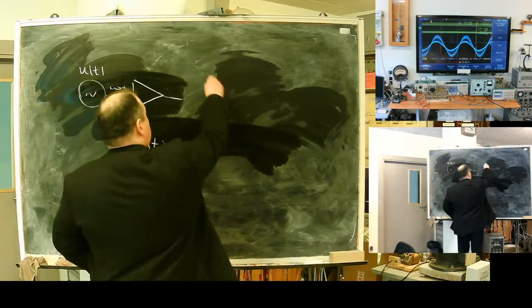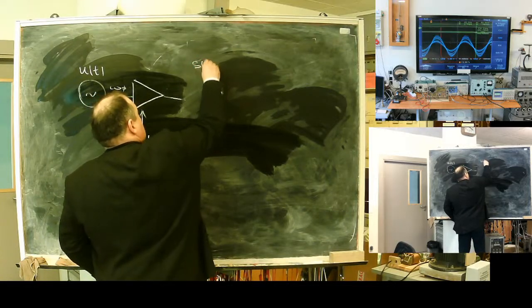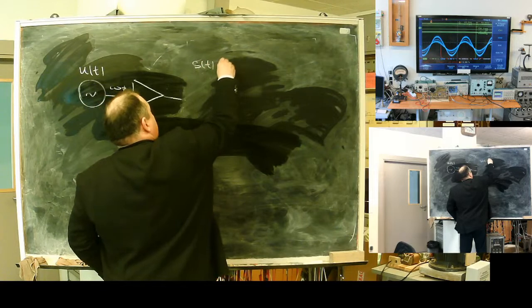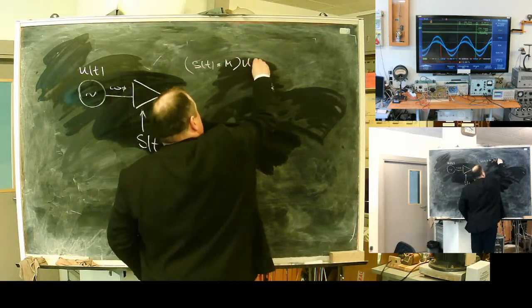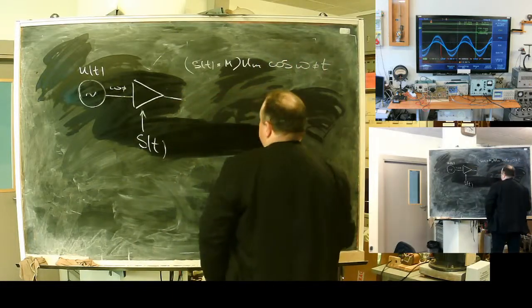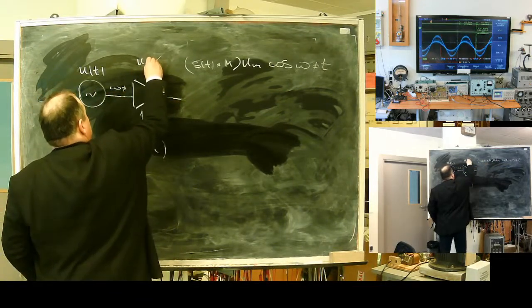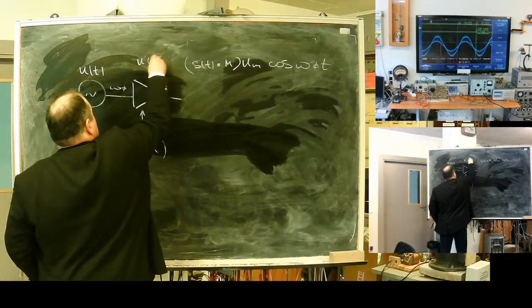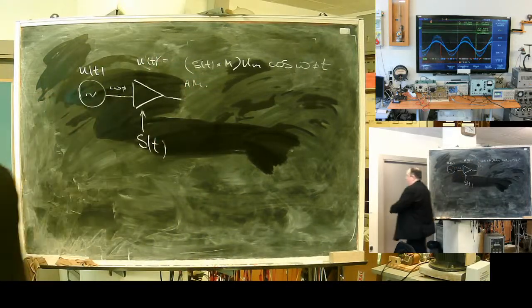As a result, what will I get? Multiplied by modulation depth, cosine omega 0 t, or amplitude modulated signal.